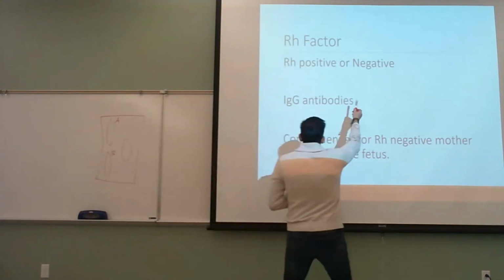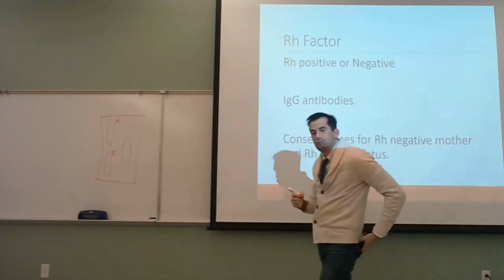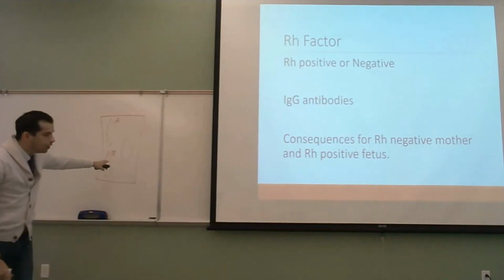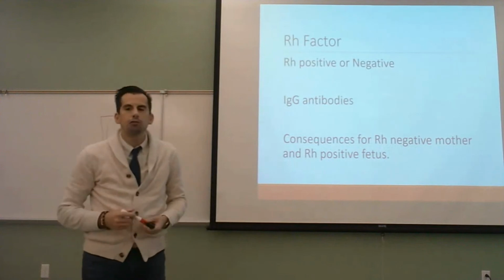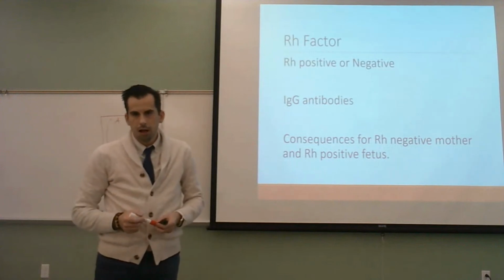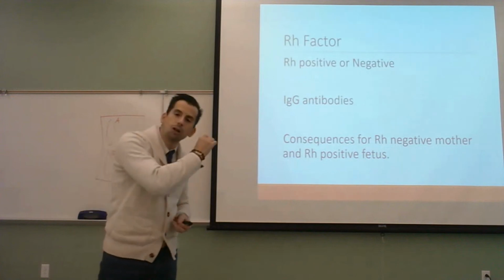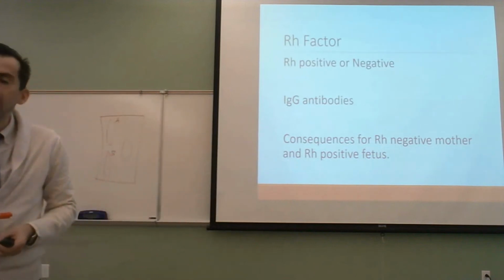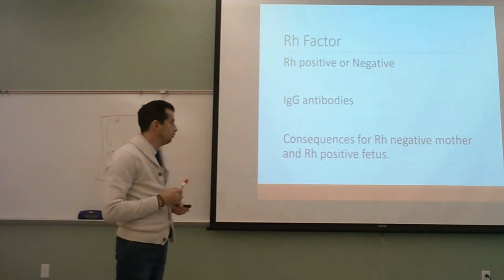Now, please don't forget to write the negative there. We see students all the time, if they've worked their way through an example and they've figured out that it's A positive, they know to write the positive in there. But if that antigen has to be absent, then you still have to actually write the negative. Just writing type A is not going to be the same as writing A negative.